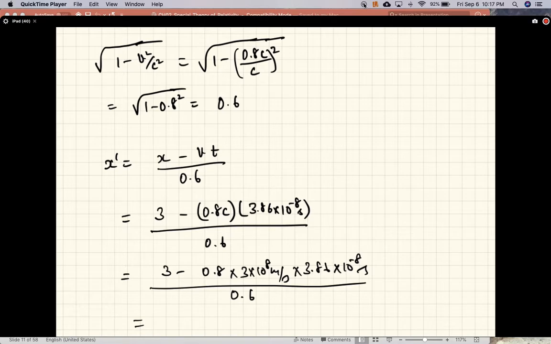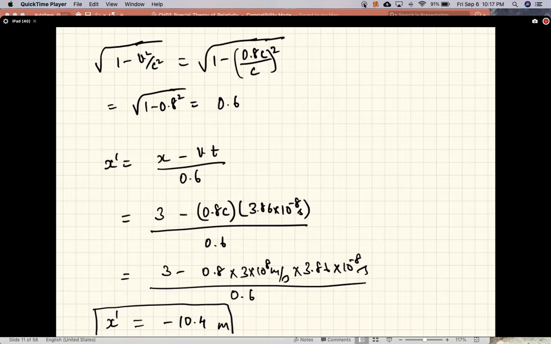Anyway, this will work out to minus 10.4 meters.